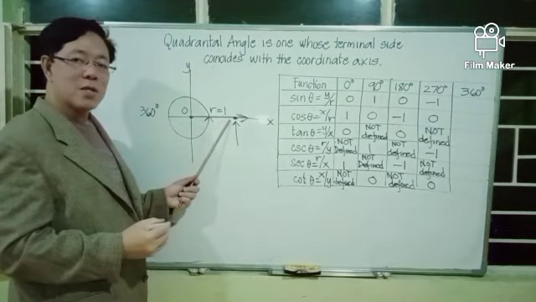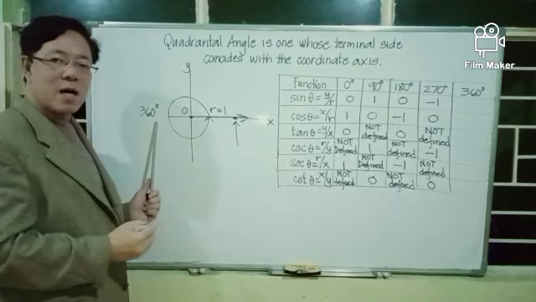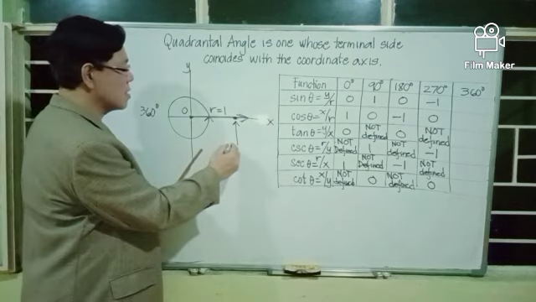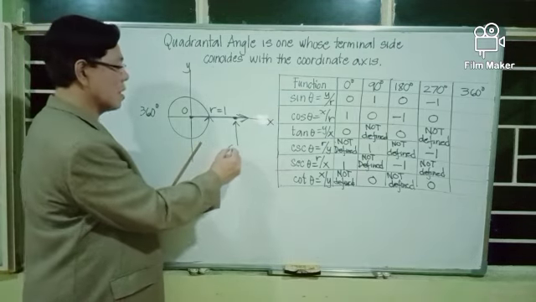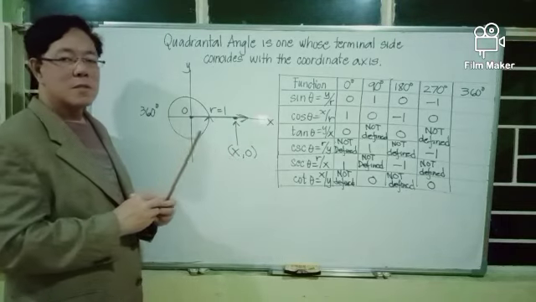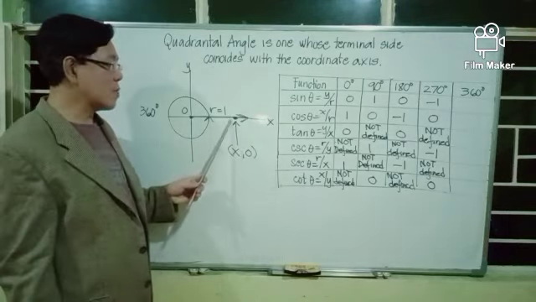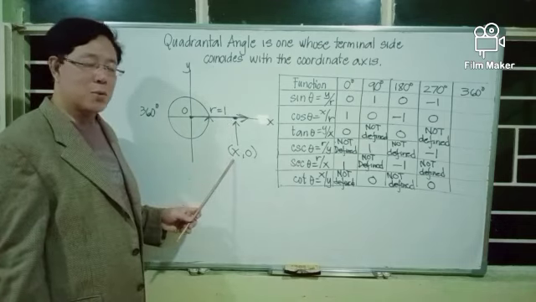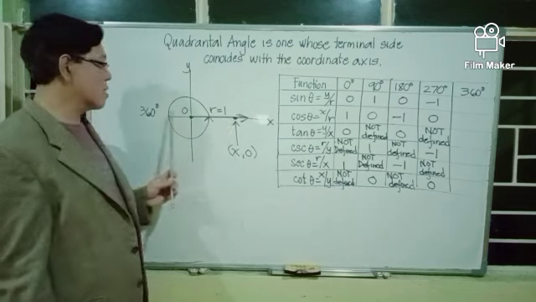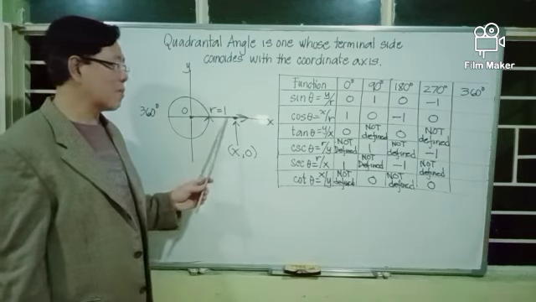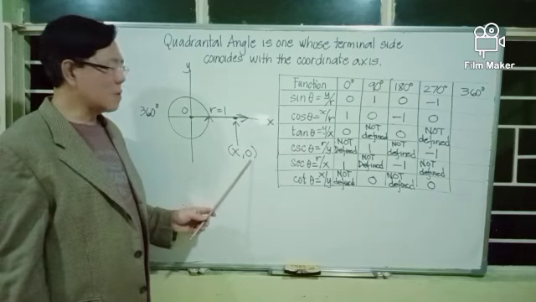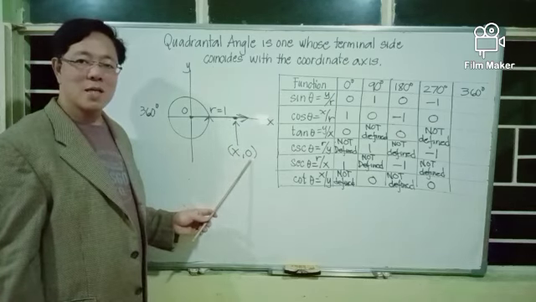And this point on the terminal side of the quadrantal angle 360 degrees has coordinates x, 0. The first coordinate of this point, x, has a value. But because this point on the terminal side of 360 degrees is a point on the x-axis, the ordinate y is equal to 0.